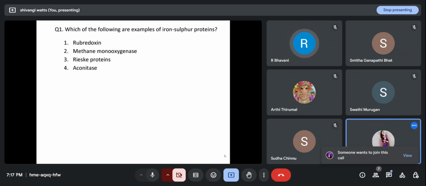Rubredoxin. What about Rieske protein and what about aconitase? Ma'am, what about option number three and four? Are they not iron sulfur proteins?